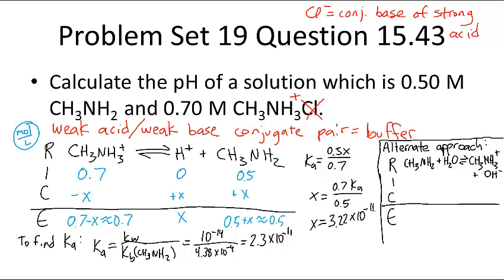They turn out to be basically the same number. So I'm not really going to worry. pH is going to be the negative log of that. Like 10.49, 10.50, something like that. All right.